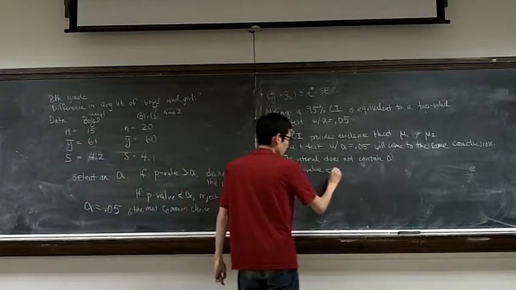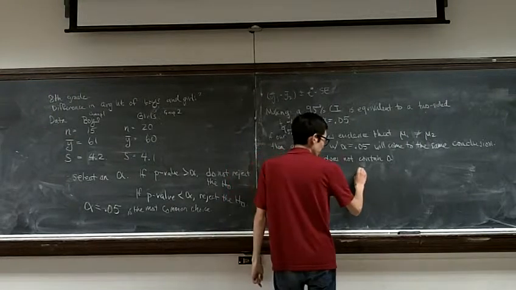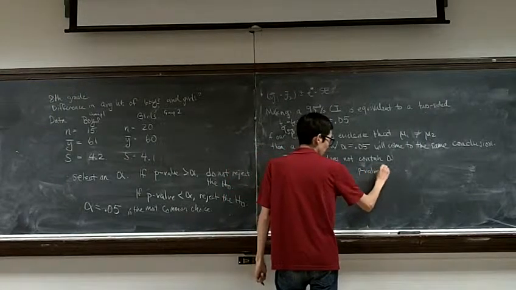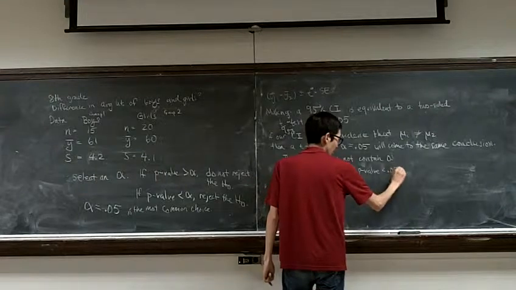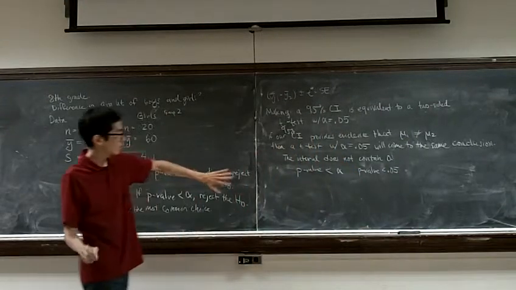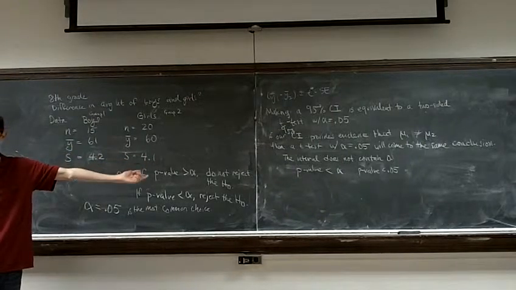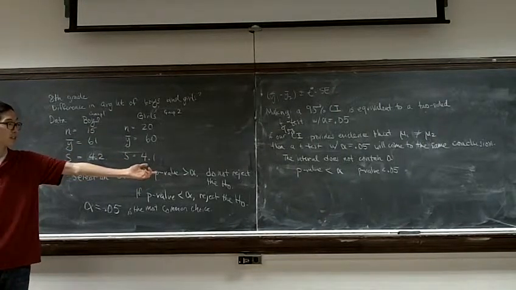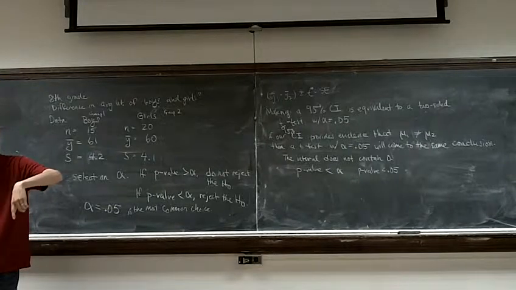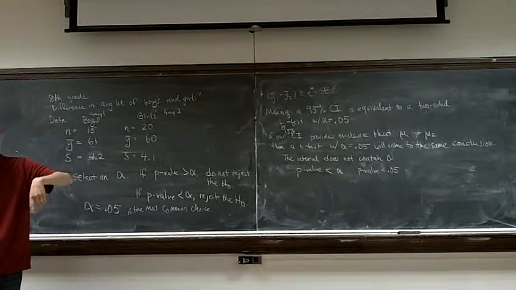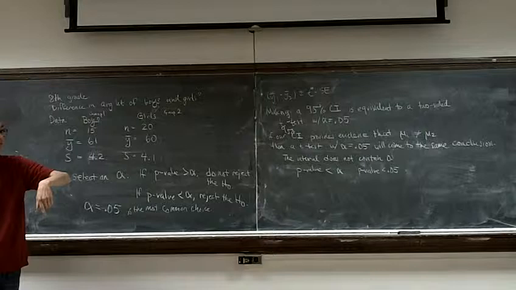So our p-value is less than 0.05. And vice versa. If the interval did contain 0, then we know our p-value is bigger than 0.05. Is that okay?